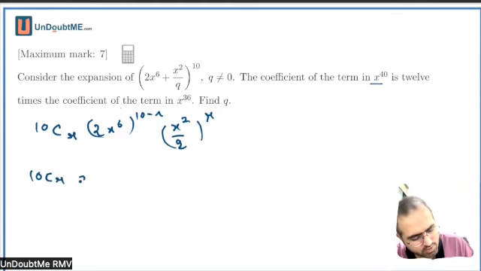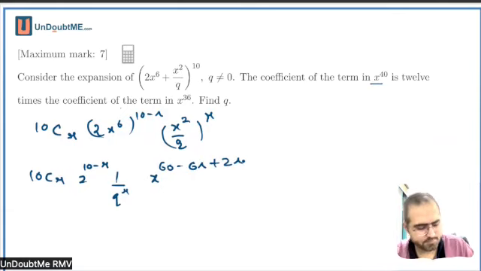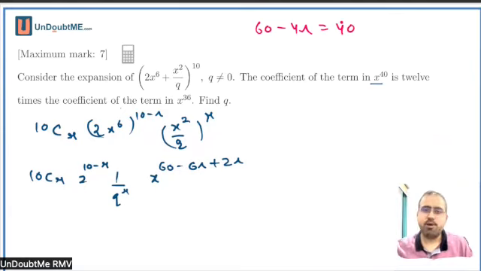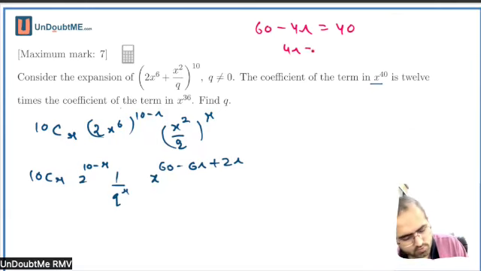Rearranging all constants together, I have 1 upon q to the power r, and then x to the power 60 minus 6r plus 2r. So the overall power of x is 60 minus 4r, and 60 minus 4r equal to 40 is my first result. So 4r is equal to 20, r will be 5. I have to put r equal to 5 everywhere.